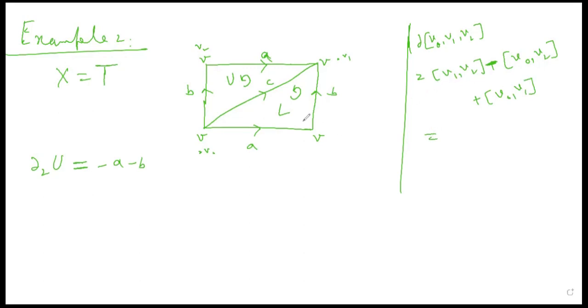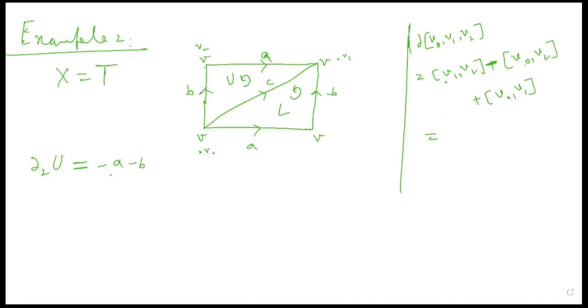First you have v1, v2, right? v1 is this, v2 is this, so this one, but this is in the opposite direction of A, right? So minus A. Now v naught, v2: v naught is this, v2 is this, so v naught, v2 is in this direction with a minus sign, right?